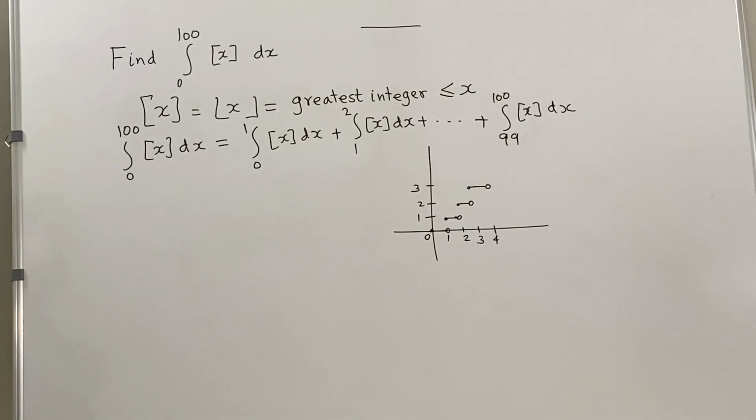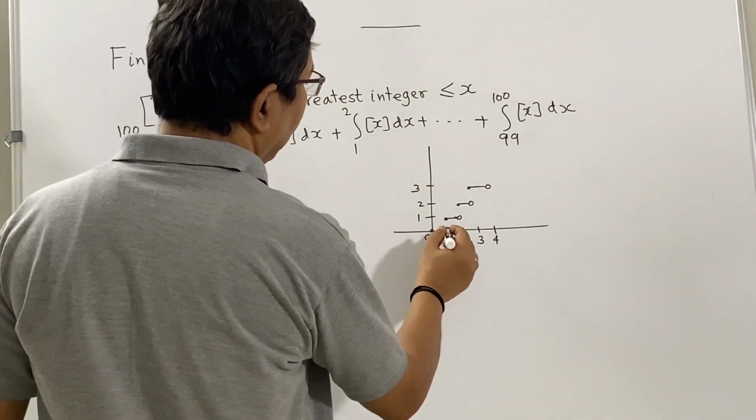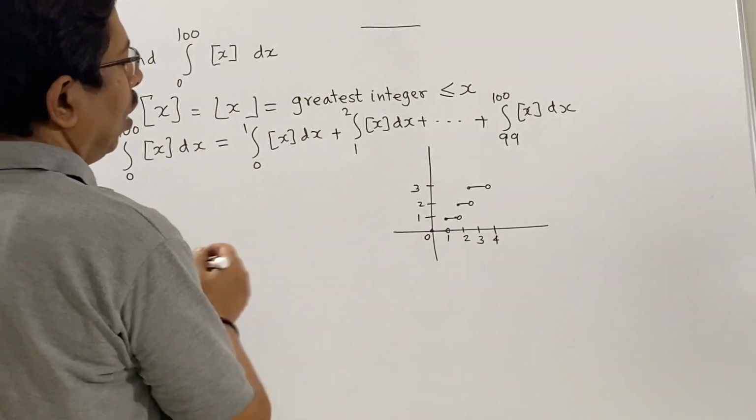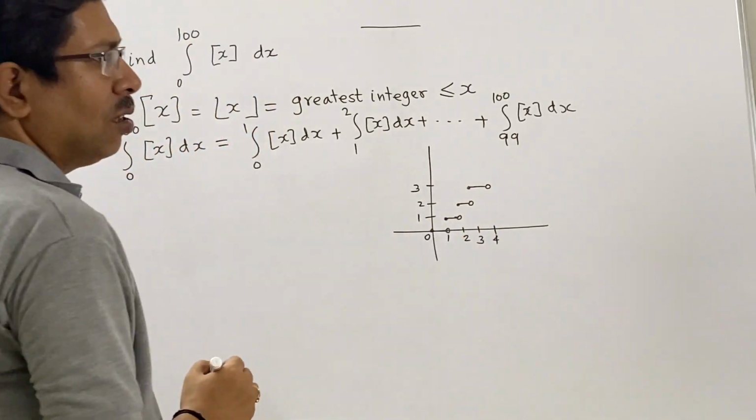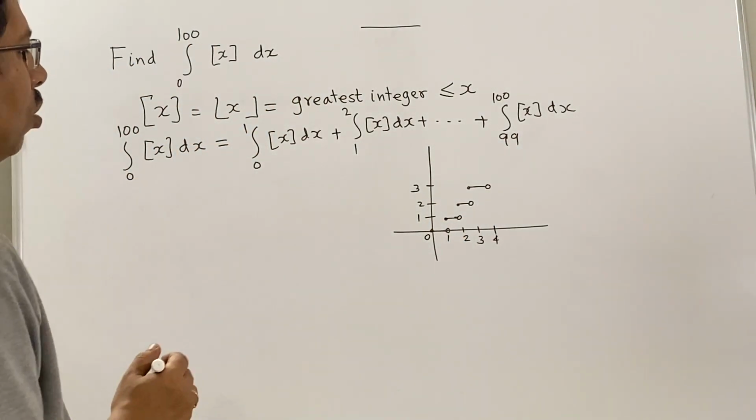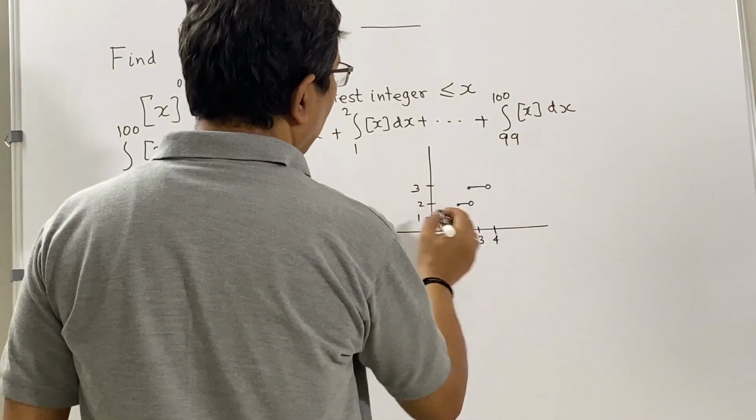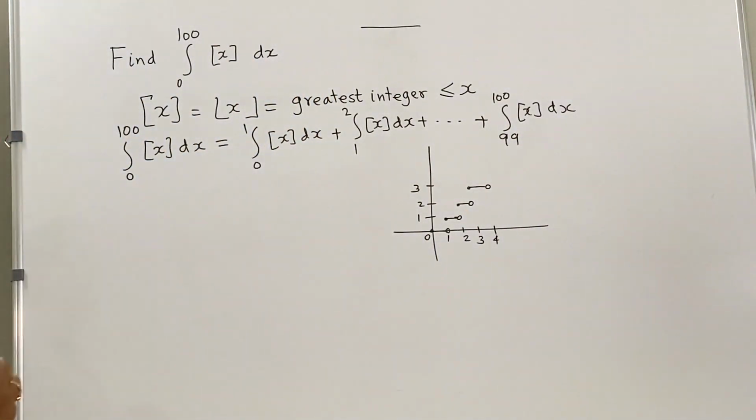The point to note here is that there is a jump in the function value at each of these integer points. So the function is right continuous at these points but is not left continuous. The function is not a continuous function.